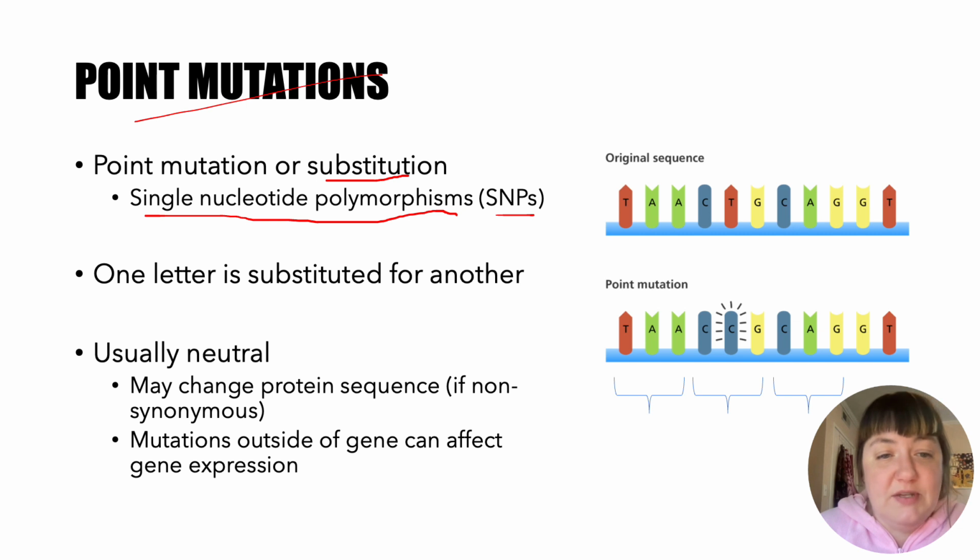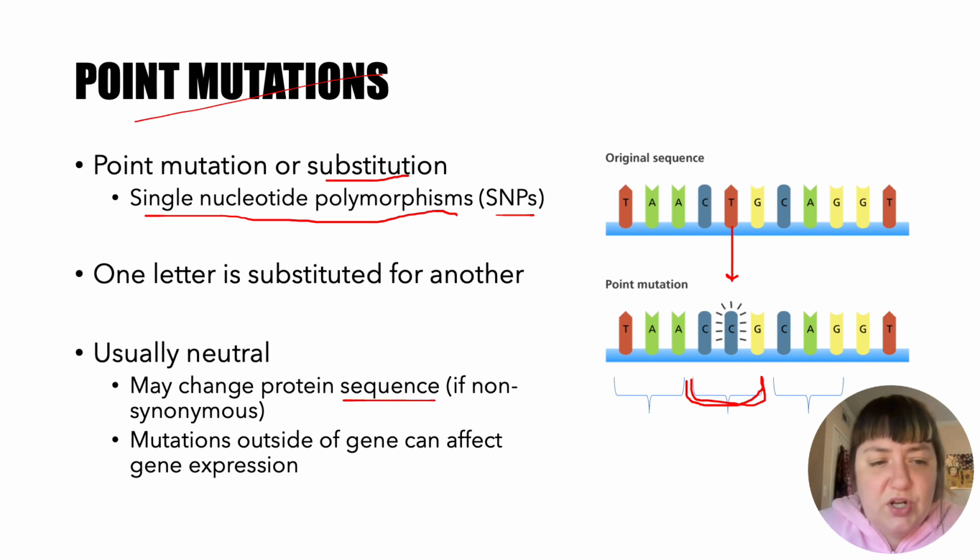In a point mutation, one letter is substituted for another letter, but it's going to keep the codons the same, or it'll change the one codon that the mutation affects. Here's a codon, and this T got changed into a C. As mentioned, these are usually neutral, but they could change the sequence if they're non-synonymous. Also, if the mutation occurs outside of a gene, it's probably not going to have an effect, but it could if it affects gene expression.